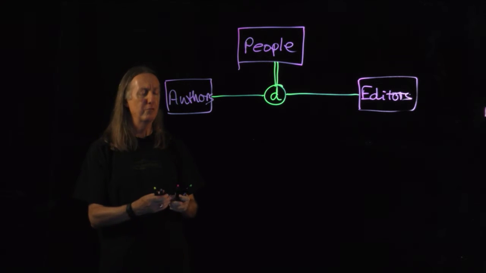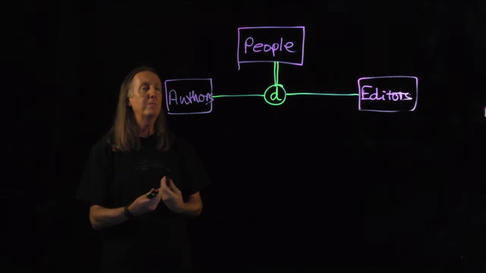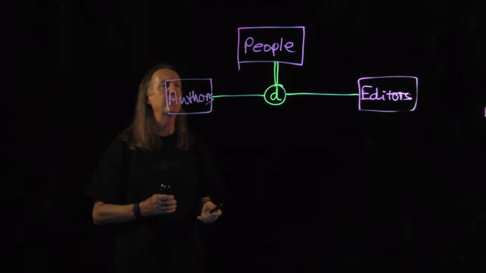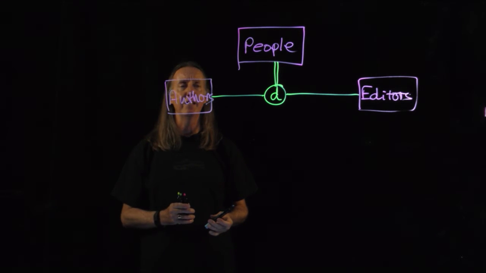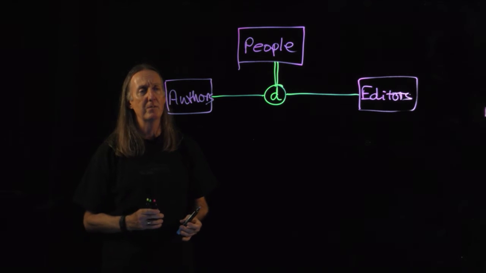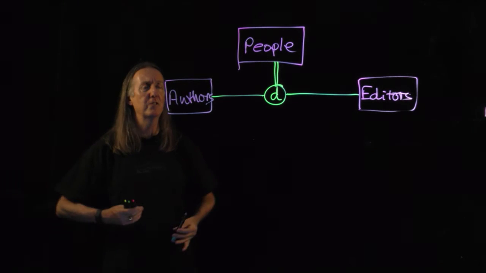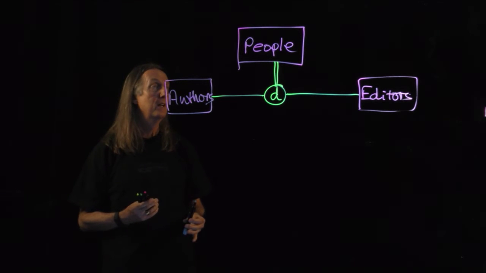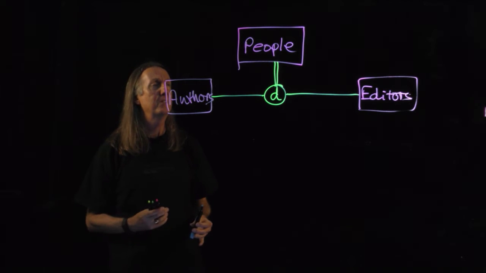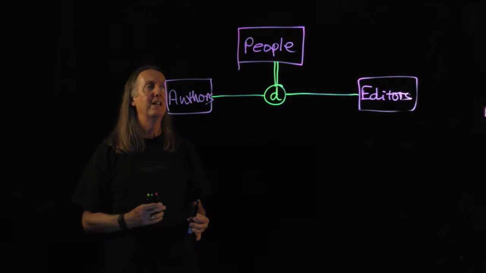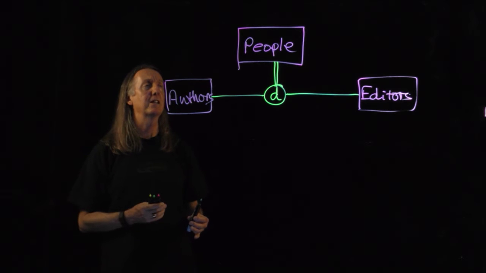All right, so what properties do people have? Well, in fact, before we get on to people, what properties do authors and editors have? Well, in fact, we're going to find that they don't have any properties really that distinguish them. All of the properties they have, or all of the attributes, are inherited from the parent class.